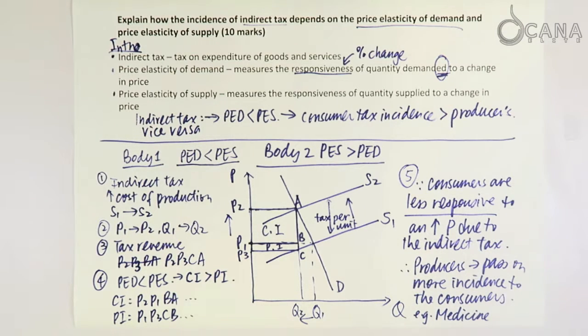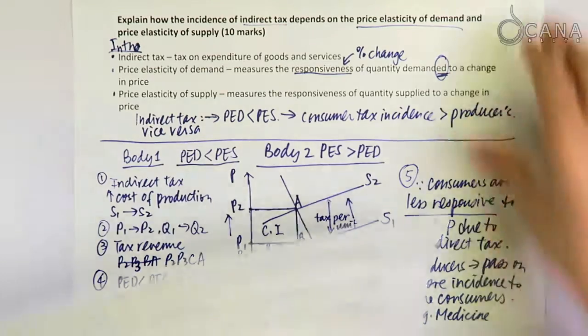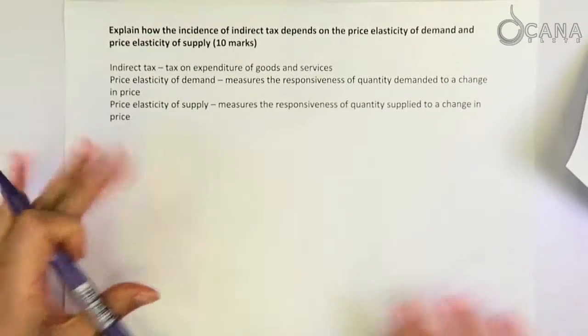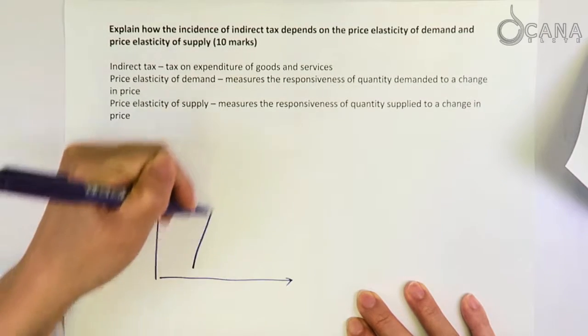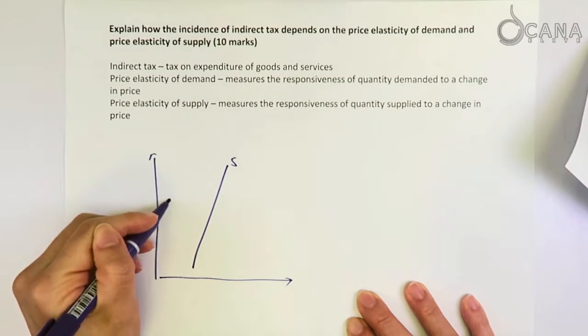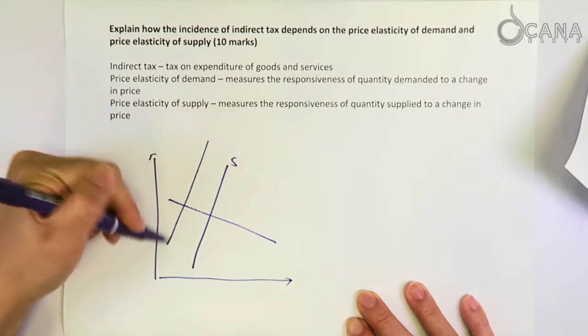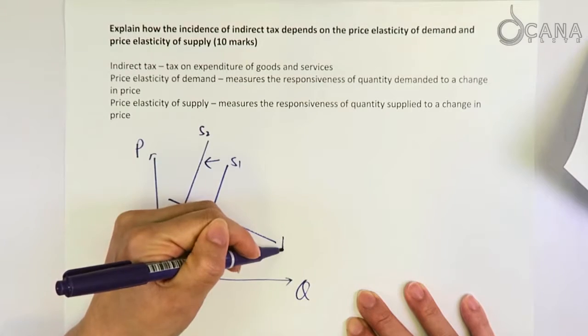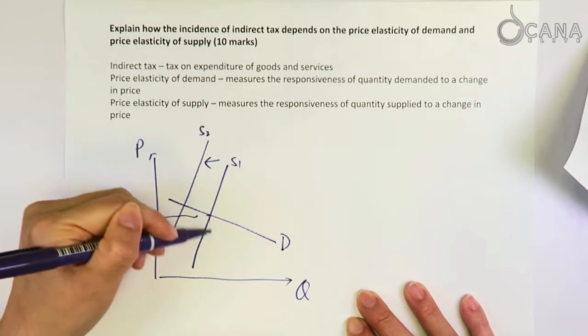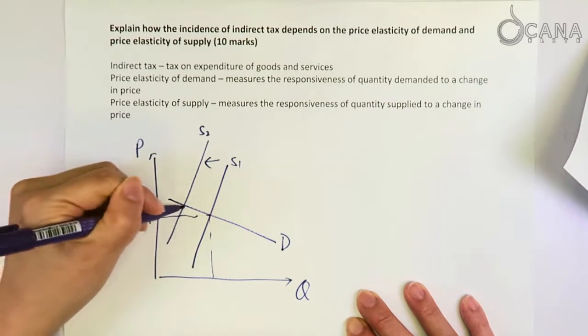What we would do is just do the same diagram, but the diagram is slightly different because this time the PES is more inelastic than the PED. The PED is much more elastic. Okay. So we just draw the same diagram with different types of elasticity.